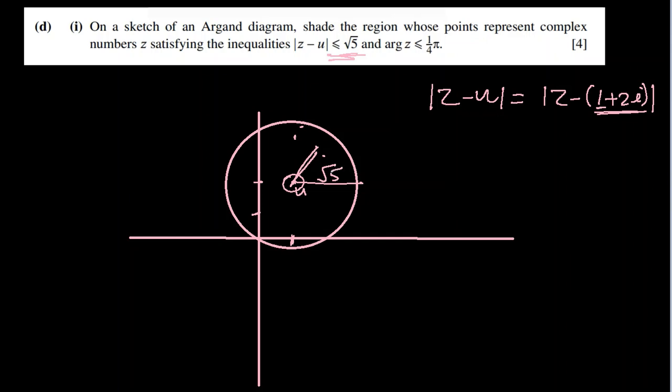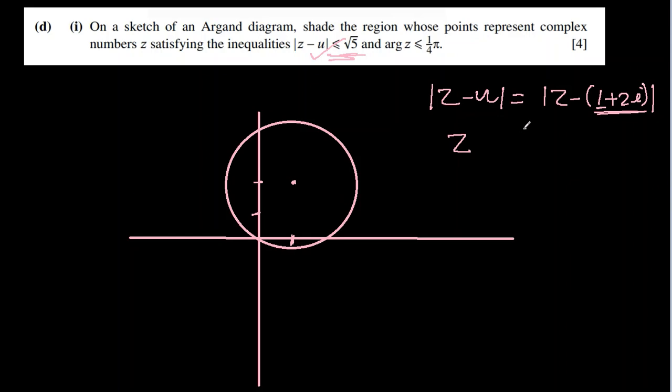So every point is less than square root 5 units away from this center. That's why I draw this circle and I have fulfilled the first condition, but I'm not shading the whole circle from inside because the second condition also has to be met, and then we will write the combination of the two.